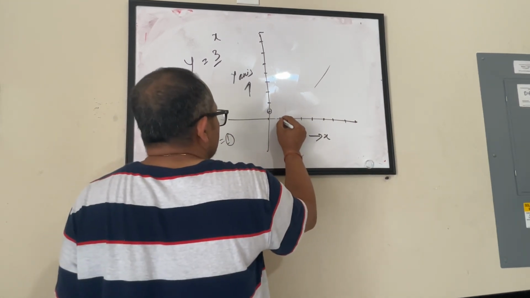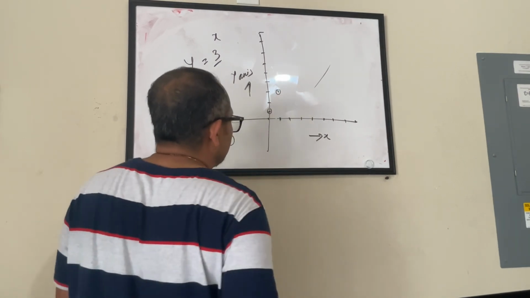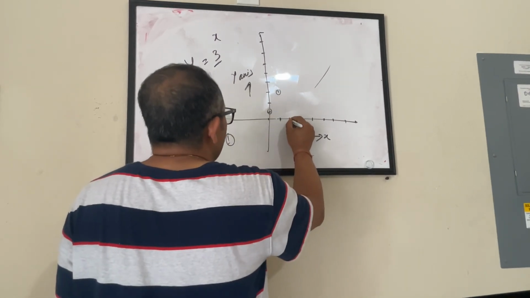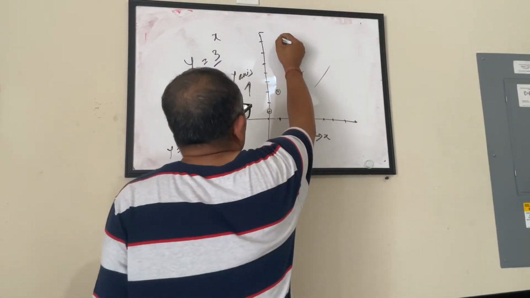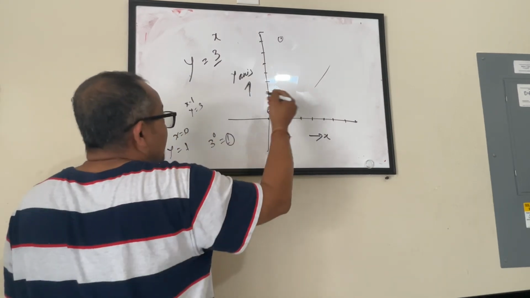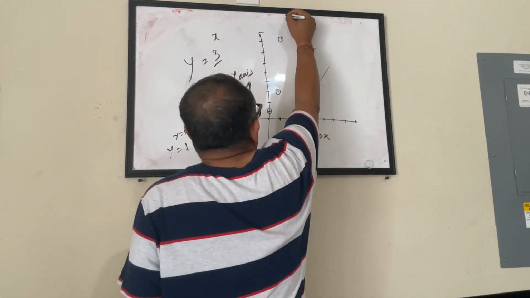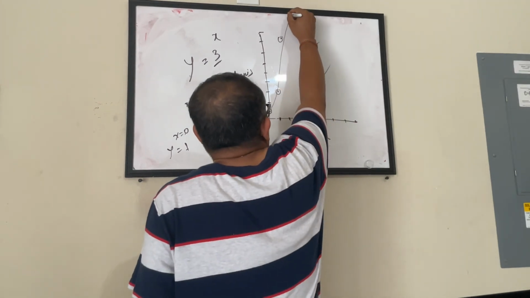When x equals 1, y is 3. This is my second point. When x equals 2, y is 9. This is this point. When x equals 3, y is 3 to the power 3, 27. This is going this way.